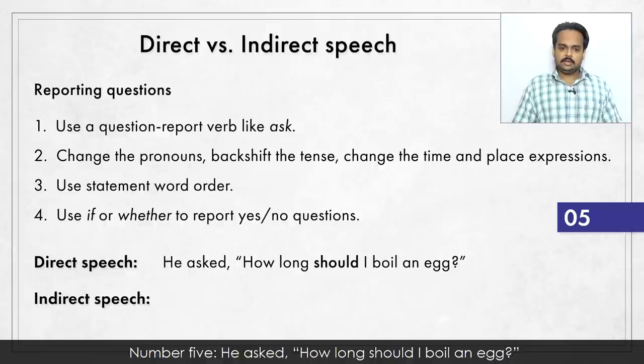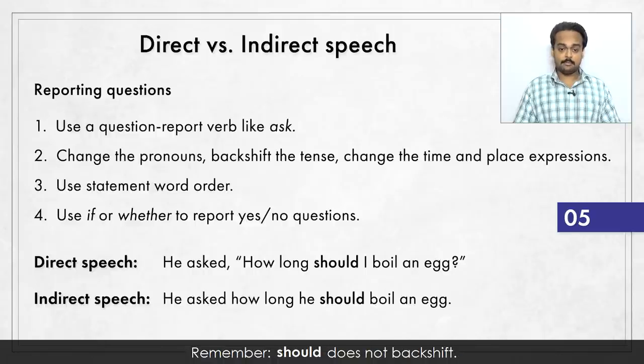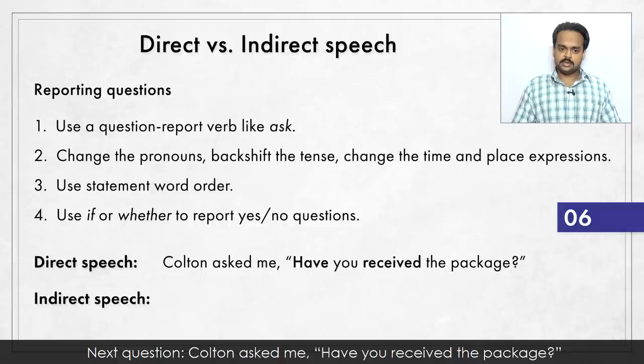Number 5, he asked, "How long should I boil an egg?" The reported question is, he asked how long he should boil an egg. Remember, should does not backshift. Next question. Colton asked me, "Have you received the package?"